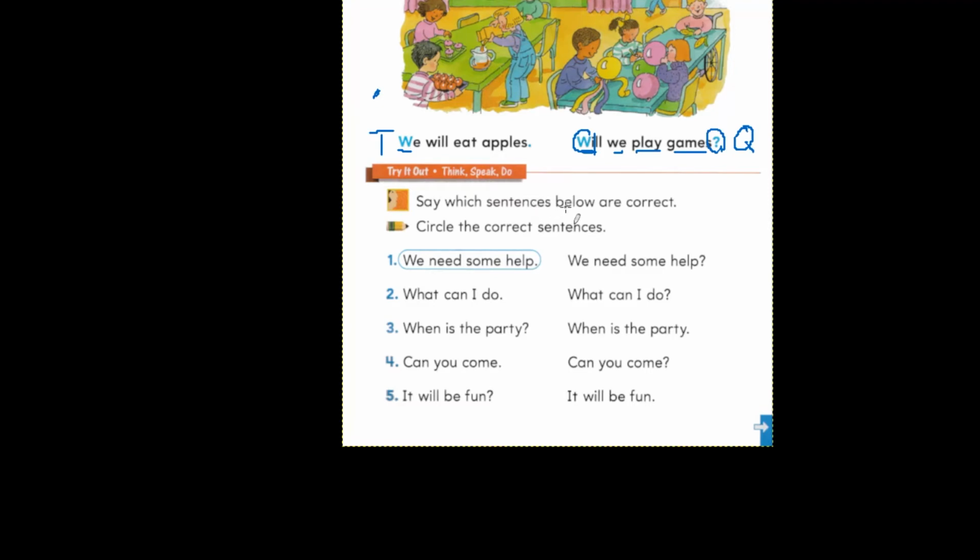Let's look at our worksheet. It says, which sentences below are correct. Circle the correct sentences. We need some help. This would be our statement right here.